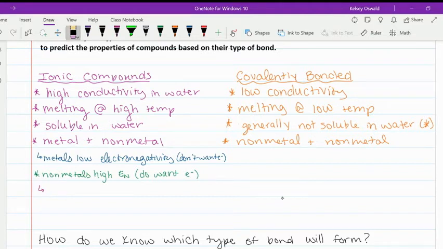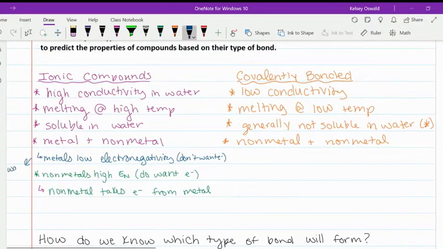Let's phrase this better. Our nonmetal is going to take an electron from that metal. Remember, our metals want to lose electrons, and that nonmetal will happily take it off its hand.